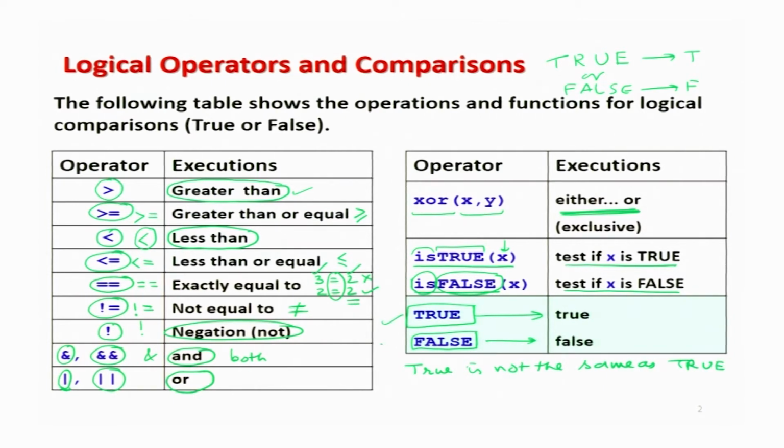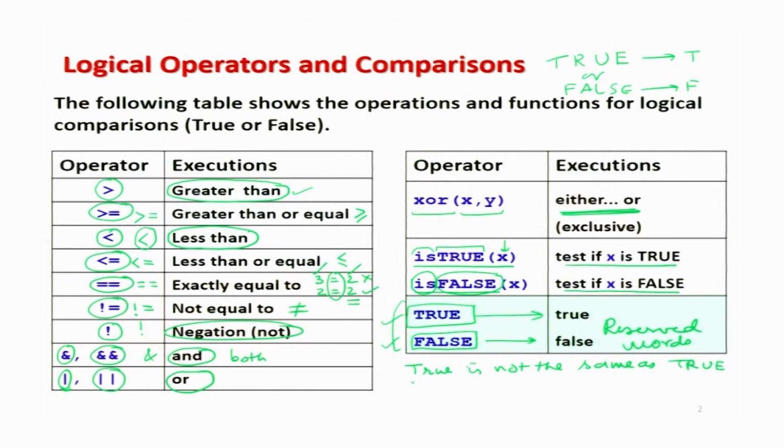TRUE and FALSE in uppercase alphabets are reserved words, meaning you cannot use them as a variable name, like giving a variable a name such as TRUE or FALSE. But if one or more letters are not in uppercase in TRUE and FALSE, then it is different.